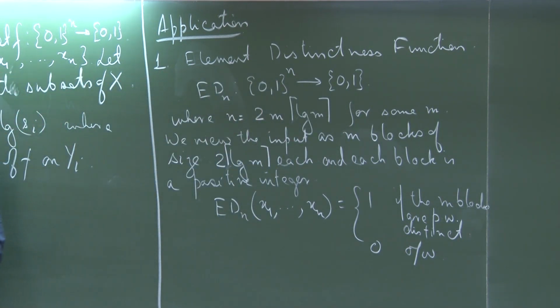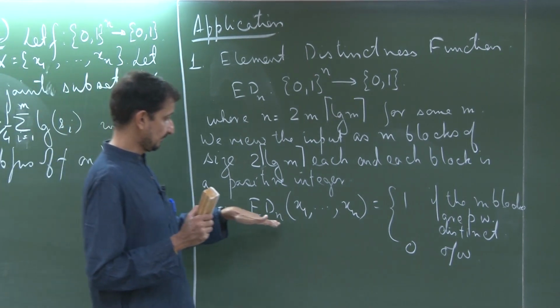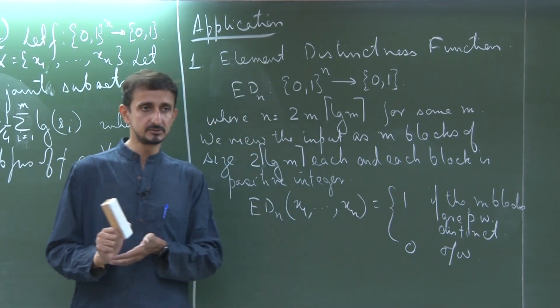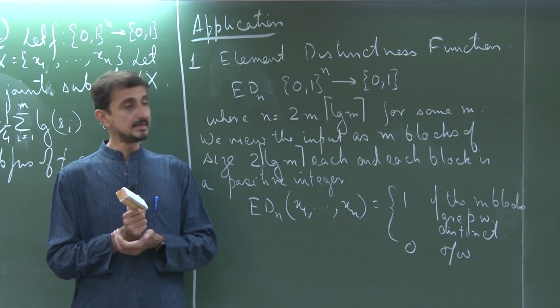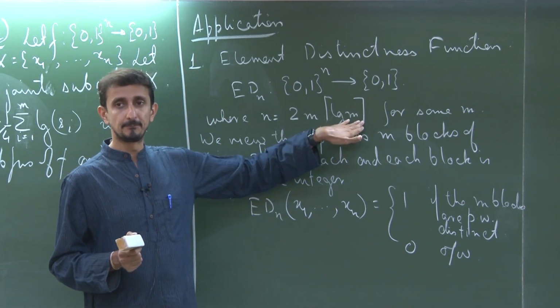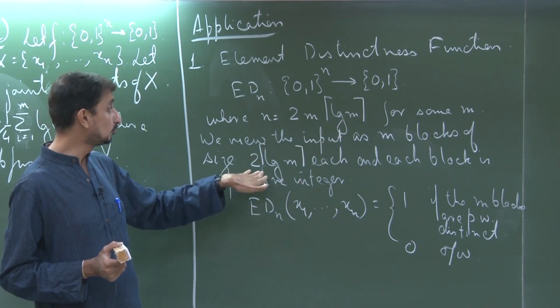So, if no two of these numbers are the same, then we define that function to be 1, and it is equal to 0 otherwise. Each block is of size 2 log m.